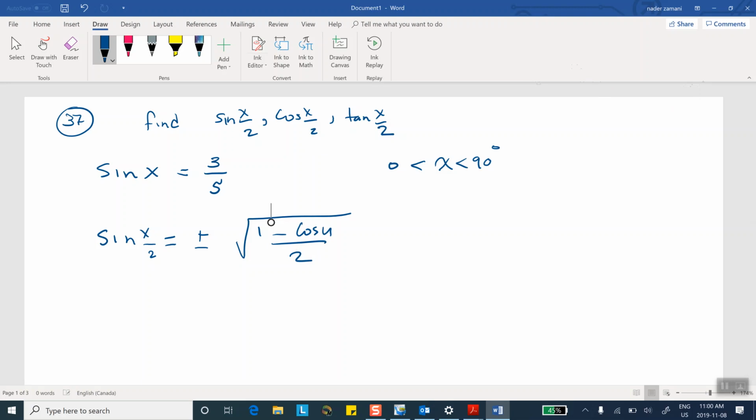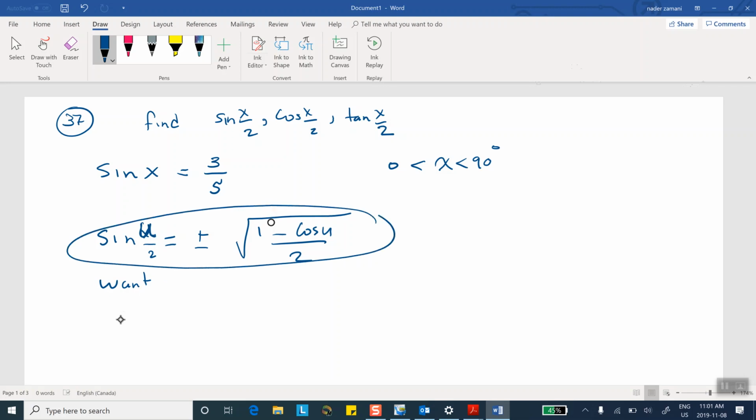This is the formula that I'm referring to in the book, and it is the formula that we're going to be using. So sine of x over 2 is equal to plus or minus square root of 1 minus cosine of x, divided by 2.